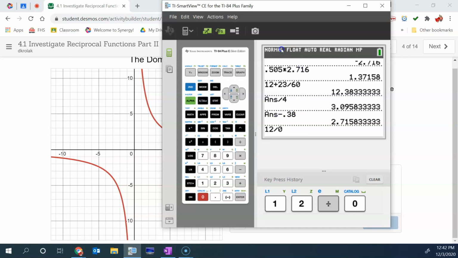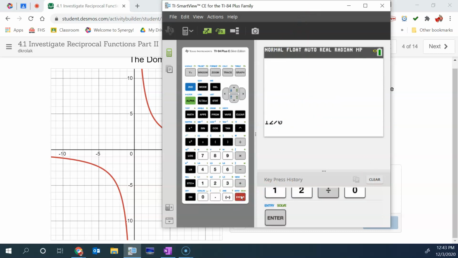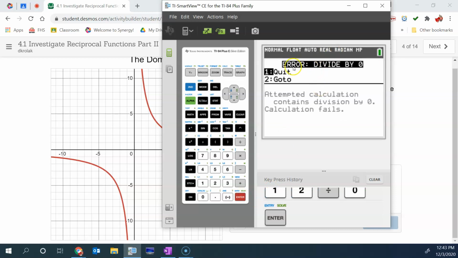Yeah, it's happened with my keys and my first phone. Somebody divided by 0 and it disappeared. But when we divide by 0, it's impossible. You can't do it. There's an error. You tried to divide by 0. You can't divide by 0.